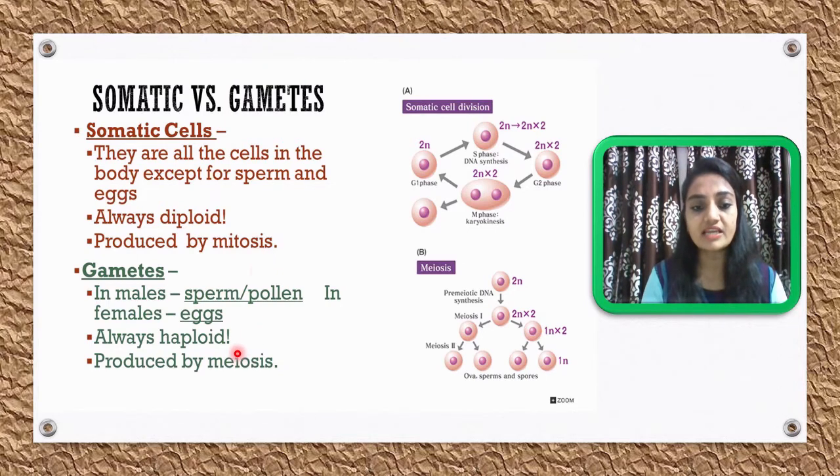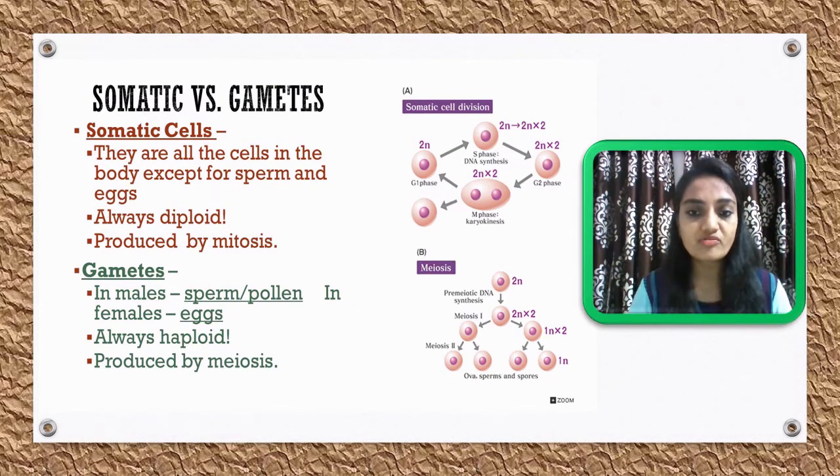And if they are gametes, then the structure will be haploid. So if you want to produce haploid cells, meiosis plays a very important role. We can understand this more using this diagram. Here you can see somatic cell division, which means the cells are produced by mitosis.